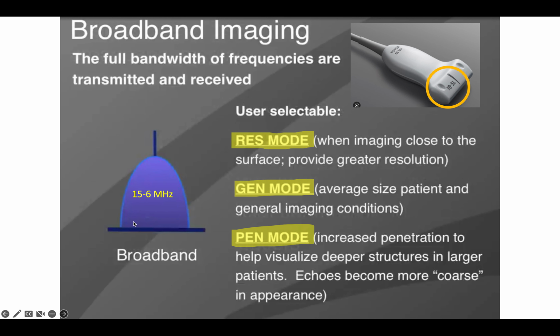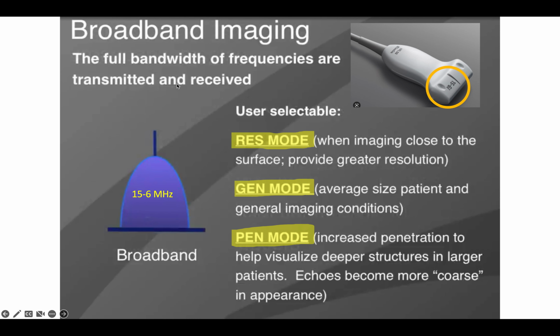We see a range here, for example, from 15 to 6 megahertz, a so called broadband transducer.